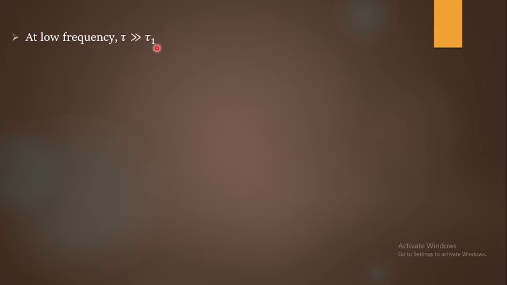In that case, the temperature of the spin system and the lattice will be equal, because the difference will arise when there is a spin-lattice relaxation. So here the field which we have applied has a greater period when compared to tau 1.